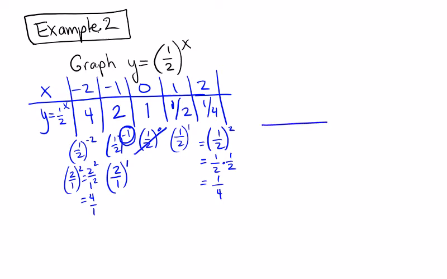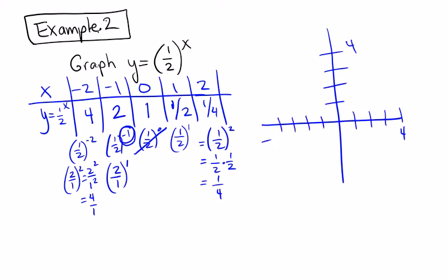We're now going to take this information and set up our graph and sketch what we have there as well. And let's take a look at what happens with our graph. So when we sketch this, we have this same point at 0, 1.